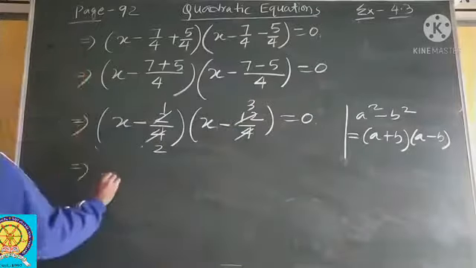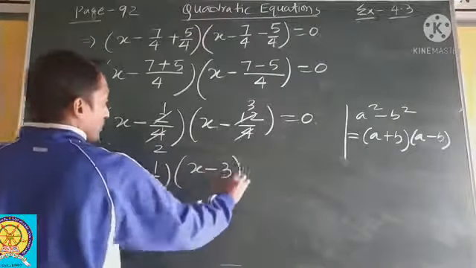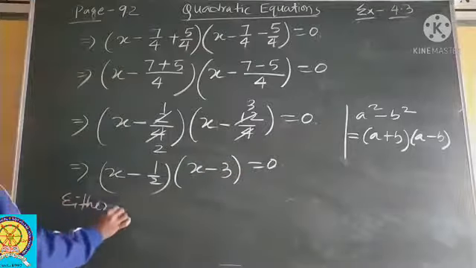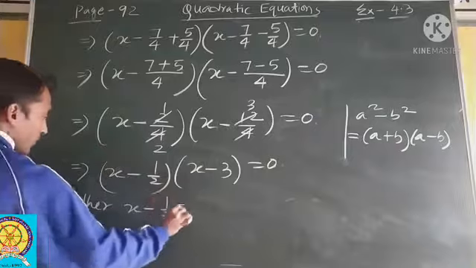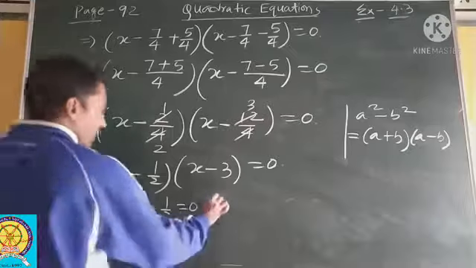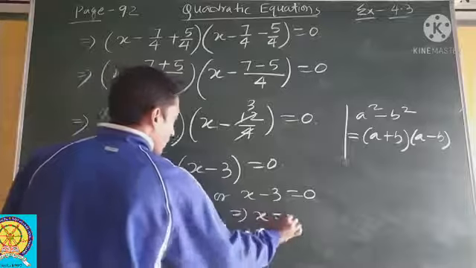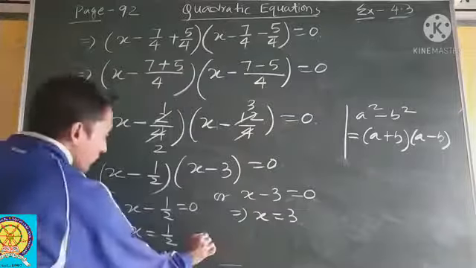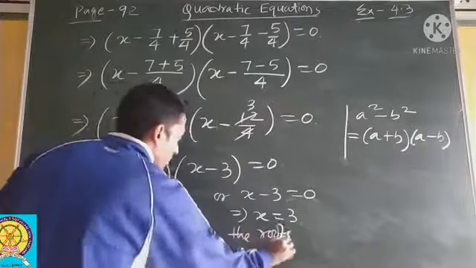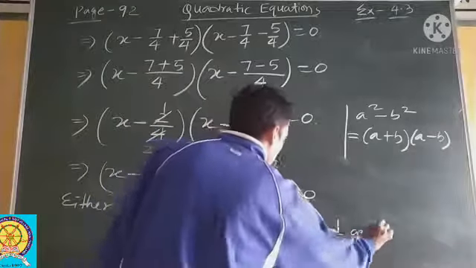What we have now? (x minus 1 by 2) into (x minus 3) is equal to 0. So either x minus 1 by 2 is 0, so x is 1 by 2, or x minus 3 equals 0, so x is 3. So the roots we get are 1 by 2 and 3.